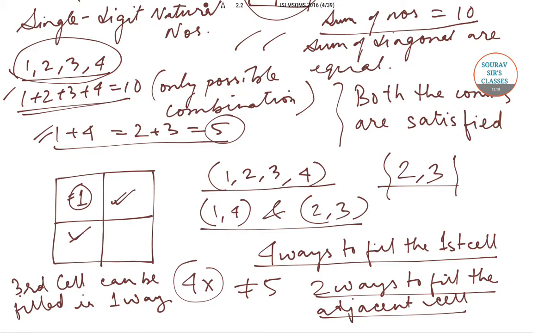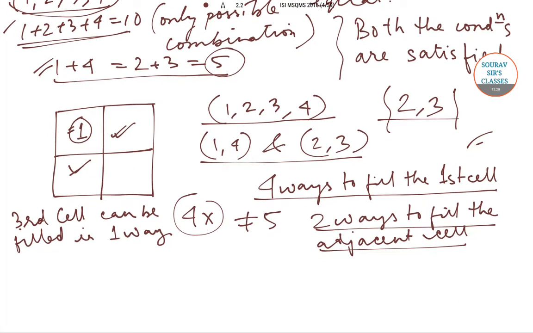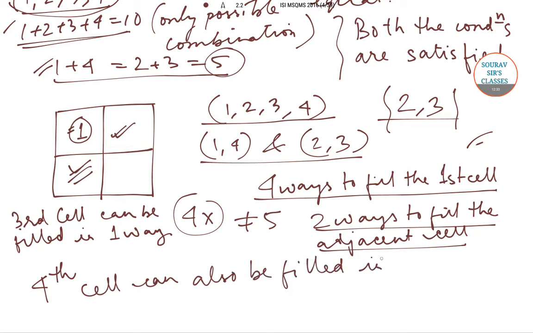Similarly, the fourth cell is also fixed as per the diagonality condition. So the fourth cell, which is this cell, can also be filled in only one way.